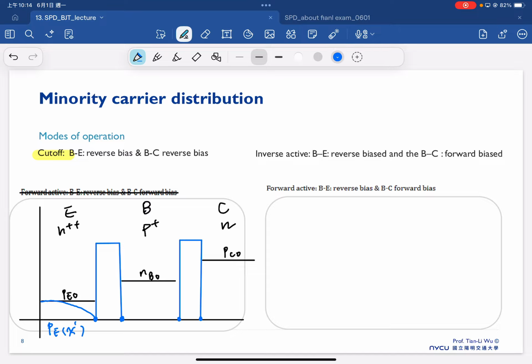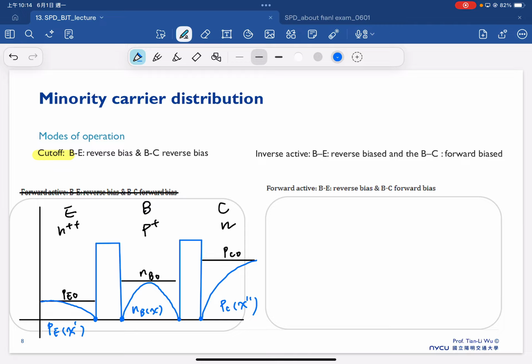So therefore we have a distribution like this one, and also similarly a distribution like this one. So this is under the cutoff operation.